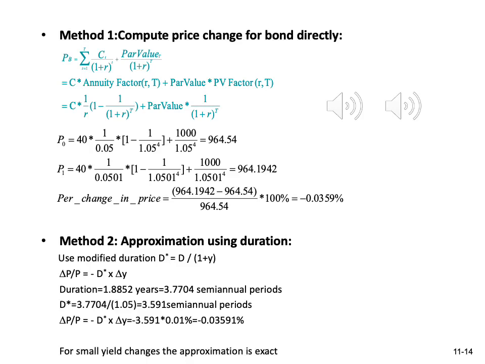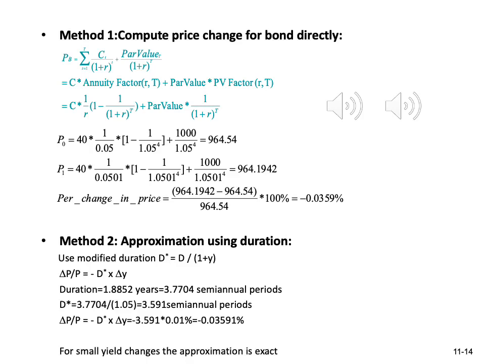So all else are the same, but now we change from 5 to 5.01%. The new price, P1, is $964.1942. So the percentage change in the price will be P1 minus P0 divided by P0 times 100%.